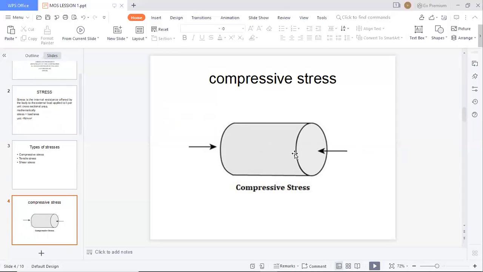This is the specimen or the body. The specimen receives the compressive forces, pressure given to the body, which is called compressive force. The compressive stress means compressive force by the cross-sectional area.